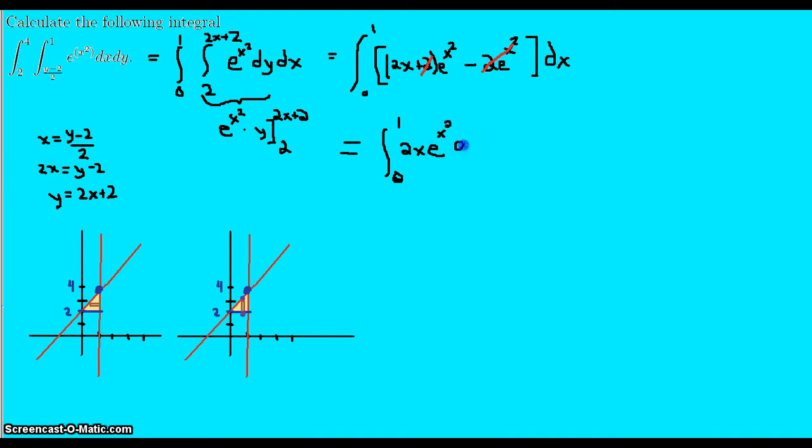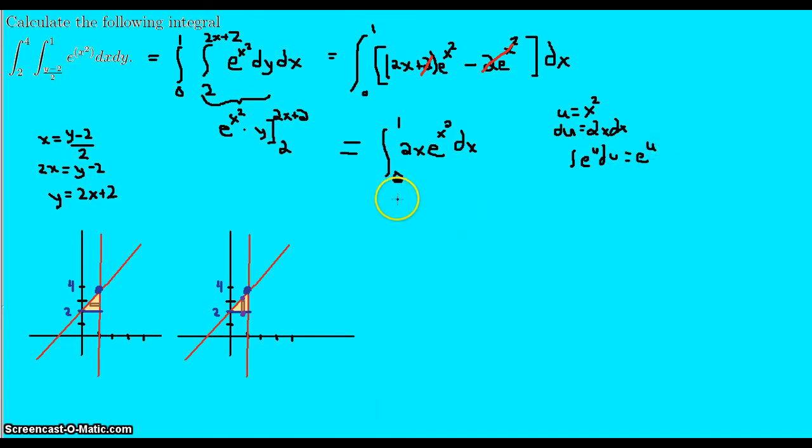A quick u substitution shows this, or you can do it mentally: the derivative of x squared is 2x. If u is the entire x squared, then du is 2x dx. Your integral is then just e to the u du, which is e to the u as the antiderivative.